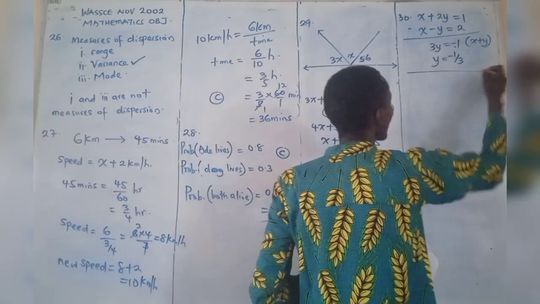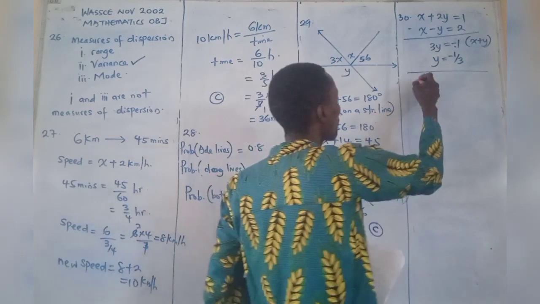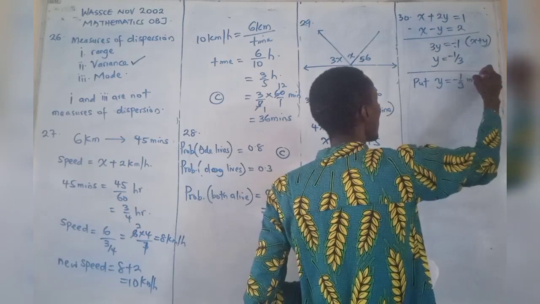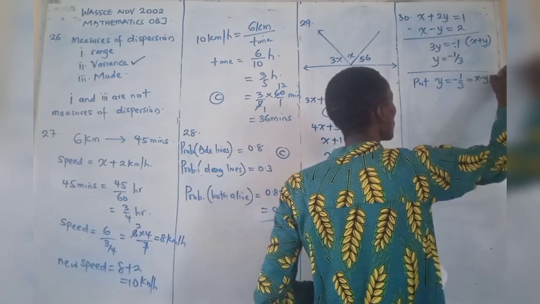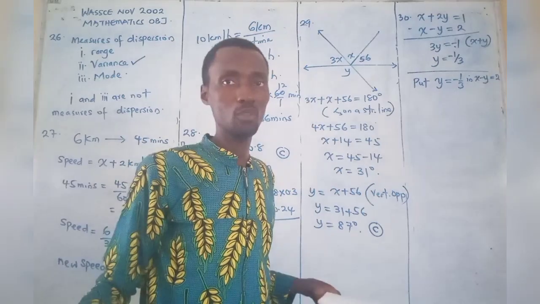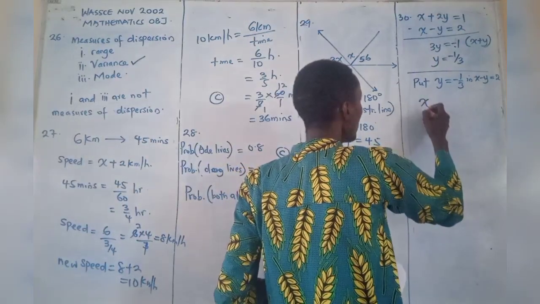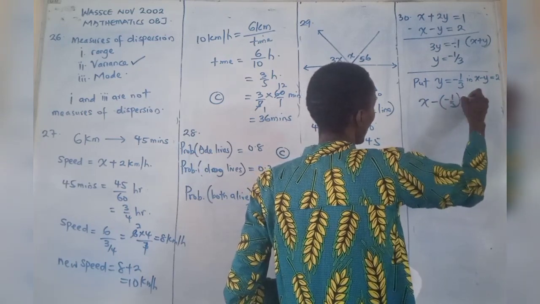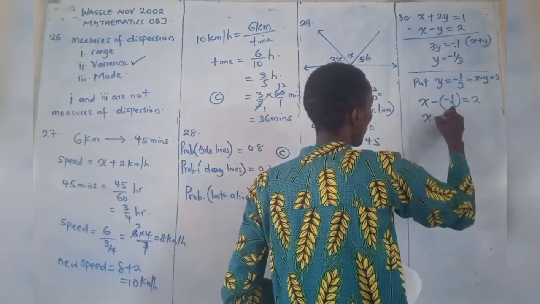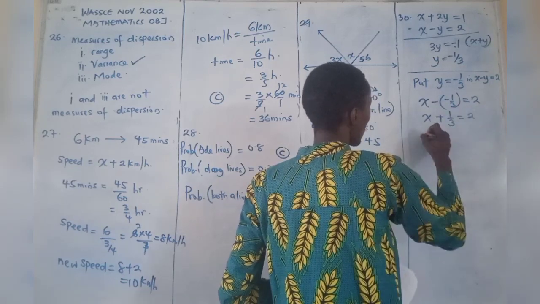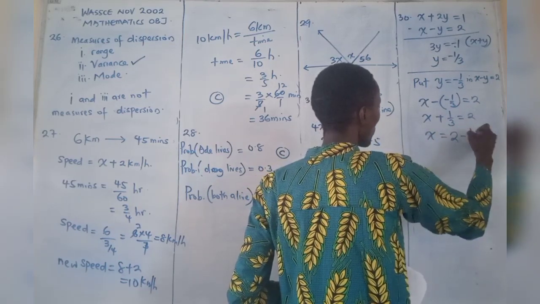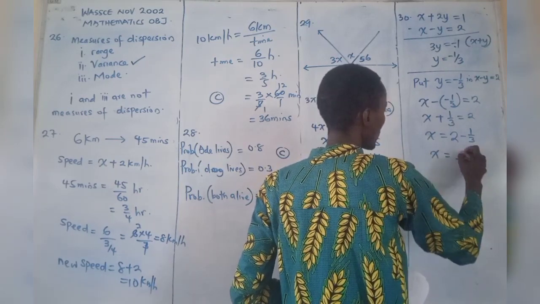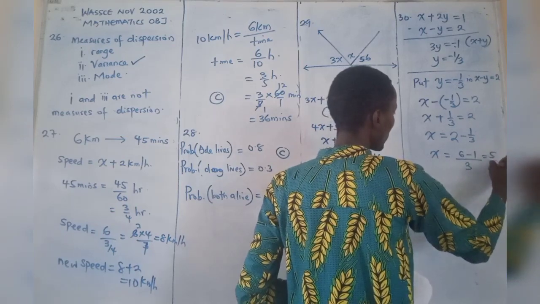Now, to get x, I will put y equal to minus 1 over 3 in x minus y equal to 2. I can use any one. I'll not be penalized for that. So this will be x minus negative 1 over 3 equal to 2, and then x plus 1 over 3 will be equal to 2. So x will now be equal to 2 minus 1 over 3. That is essentially 6 minus 1 over 3, which is 5 over 3.